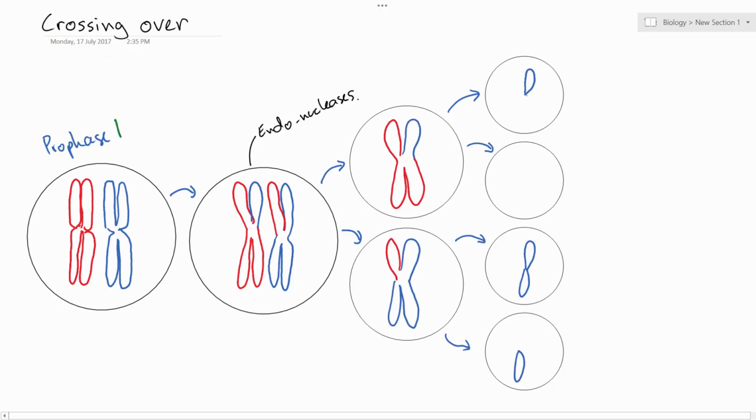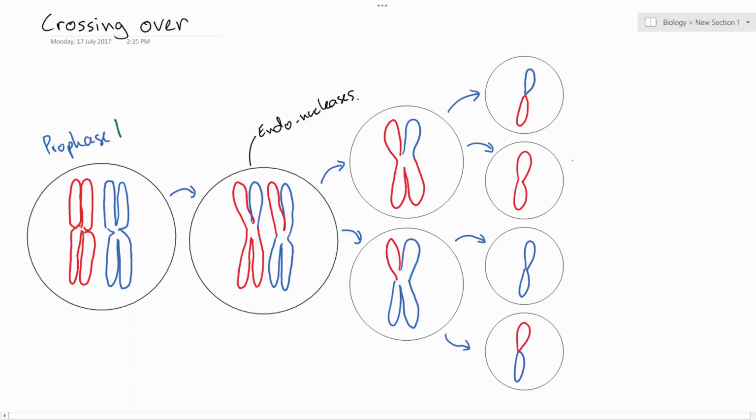So our final chromosomes, which will have the final arrangement, will look something like this. So what we see is some different combinations.